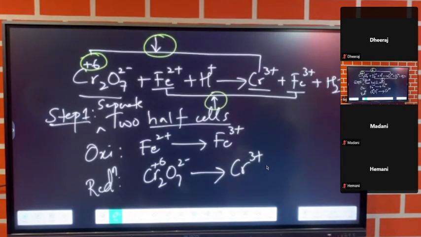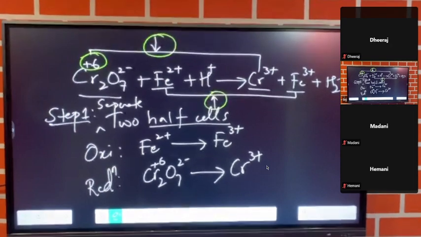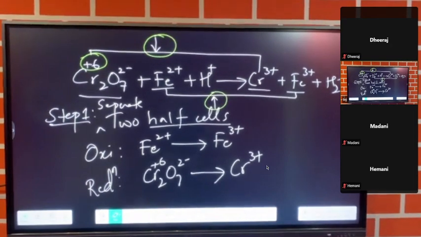Just copy this fast. Write along with the steps.